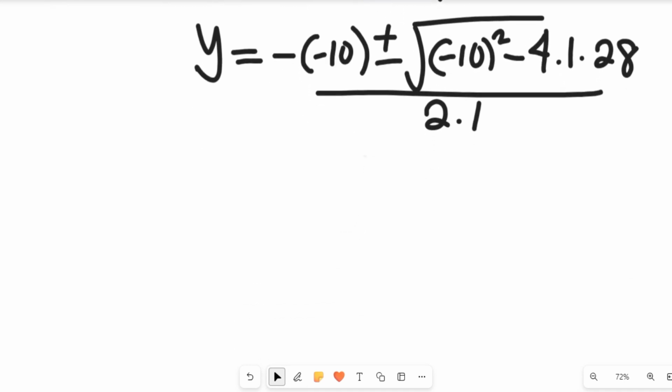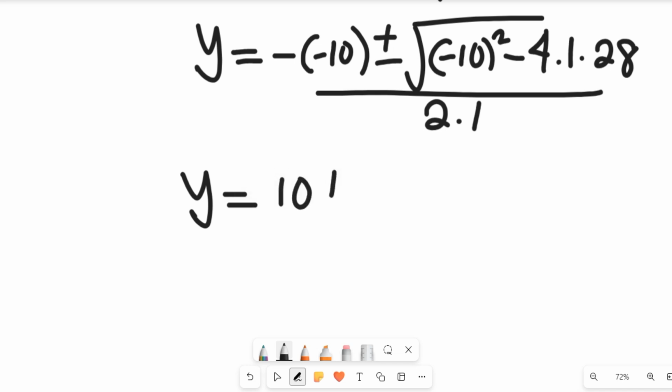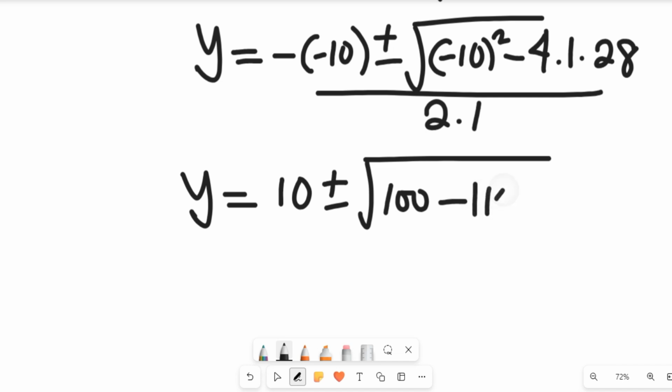So what do we have here? We'll have y equal to 10 plus or minus the square root of, that is going to give us 100, minus 4 times 1 is 4, times 28 is going to give us 112.